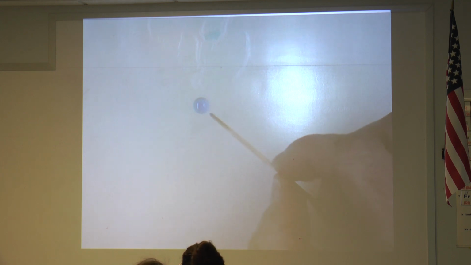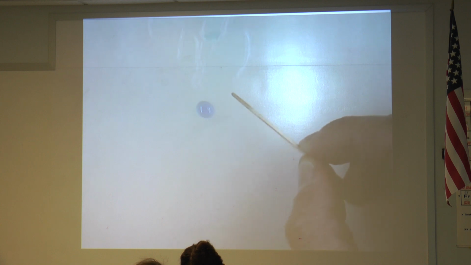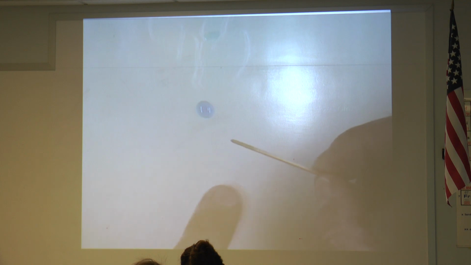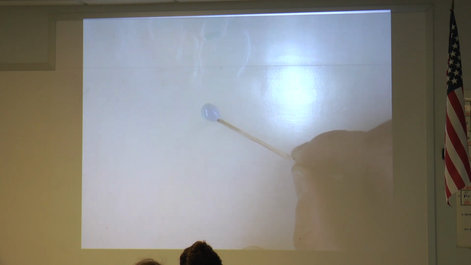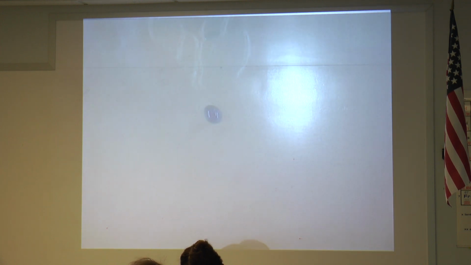When I poke him with this one, look what happens. Isn't that cool? He jumps. He wants to be with his other water molecules, right? The water molecules in Walter are attracted to the water molecules that are up inside the fibers of this toothpick, and there he goes. Kind of cool. So those are hydrogen bonds. You can't see them individually, but working together, you can see their effects.